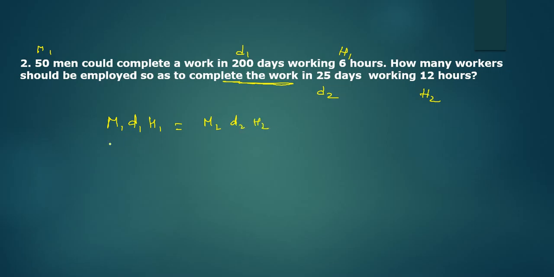M1 is 50, days is 200, hours is 6. M2 we have to find. D2 is 25, H2 is 12. 25 ones, 25 twos. 2 6s are 12, 12 gets cancelled. So M2 is equivalent to 200. The number of men required is 200.